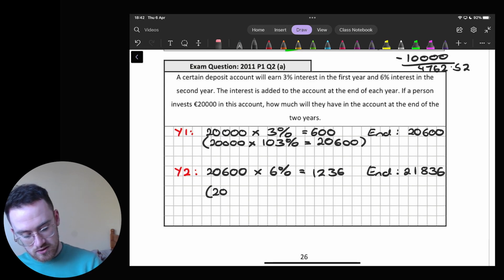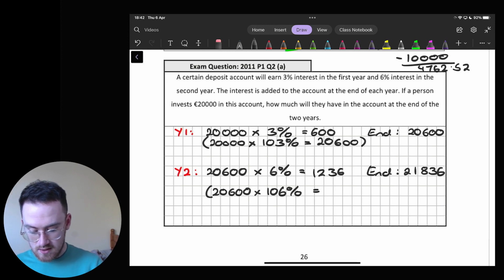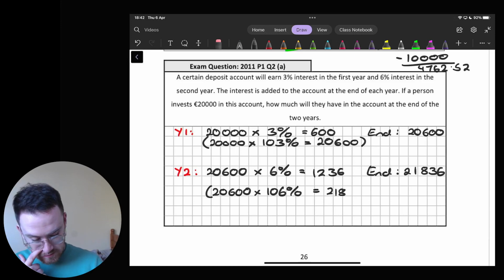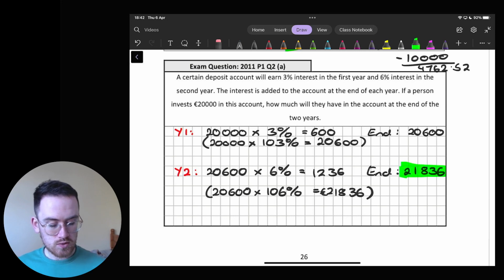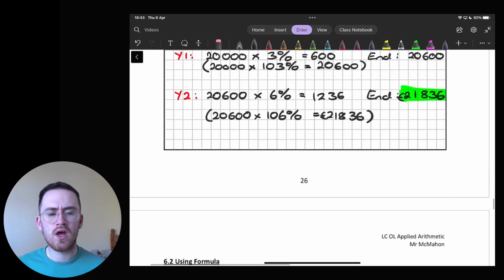And similarly, if I took the 20,600 and did 106%, because I want to find the original plus the 6% extra, I'm increasing by 6%, we can see that I get the same amount each time. So if they invest 20,000, how much will they have at the end of the 2 years? 21,836. We should have our euro sign there to keep it consistent.